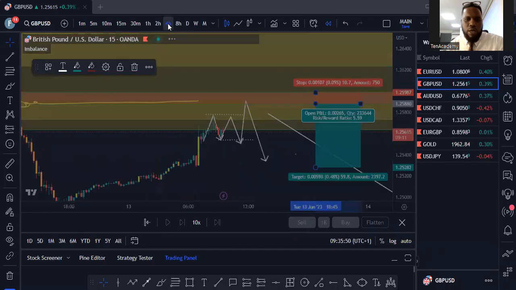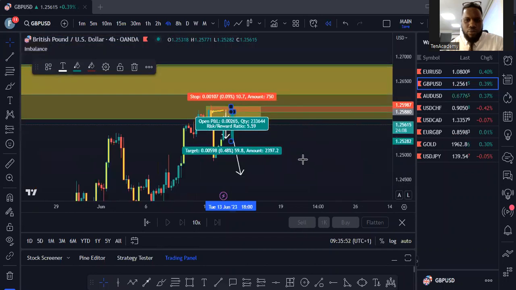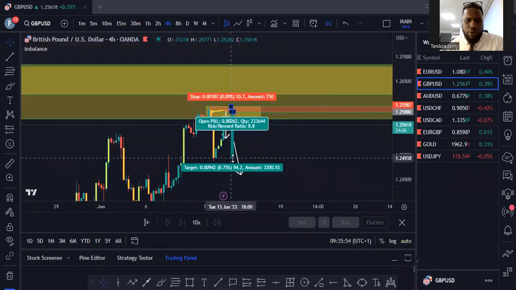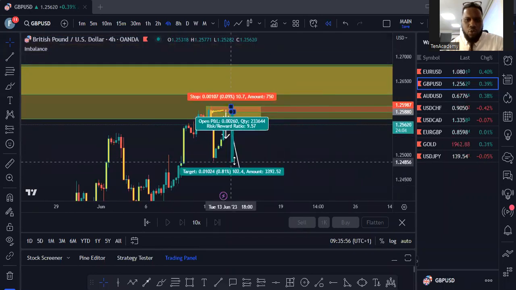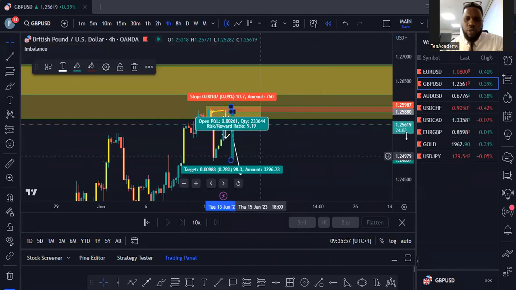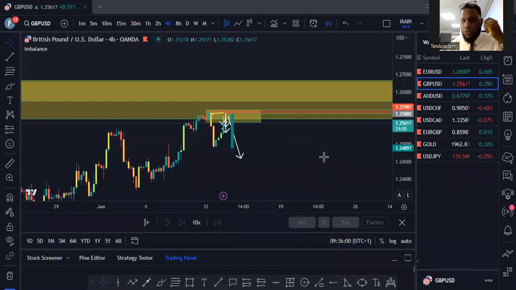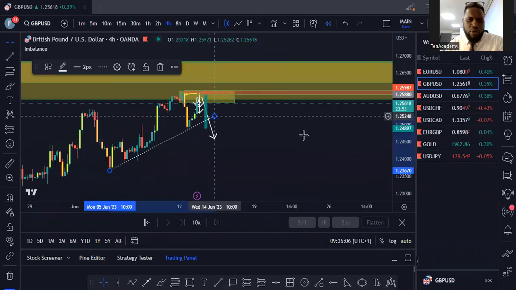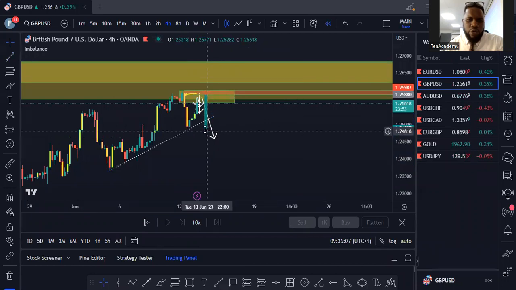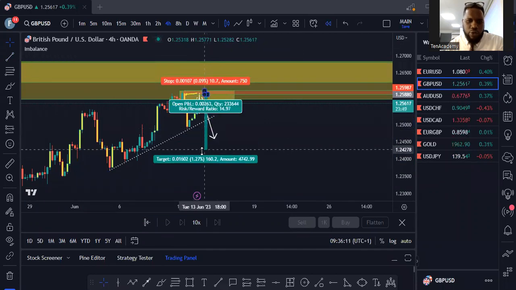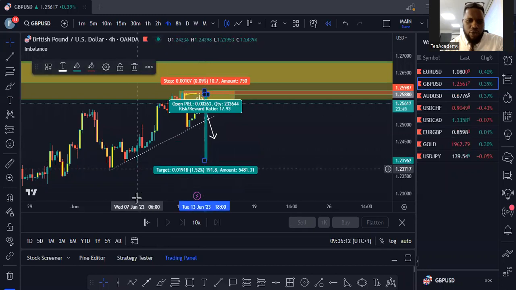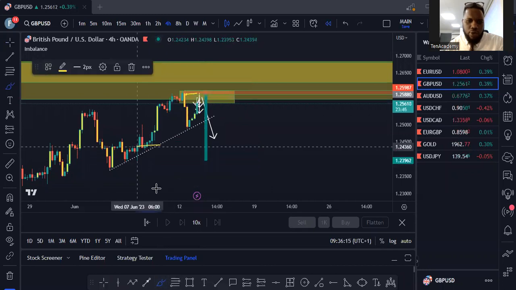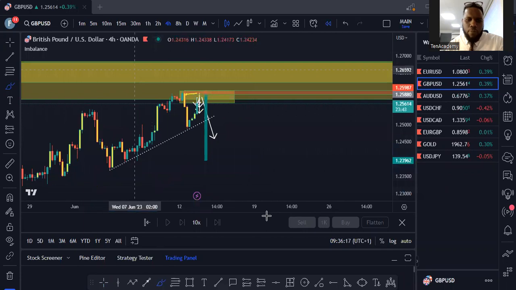And then I'm going to be taking exit at this particular low here. So this is a possible 1 to 9 risk to reward. And then it might take us a few hours. If you want to hold it for long, there's a lot of liquidity here. So you might take partials at this point and then hold it for price to grab all of this liquidity here, like so. Okay.